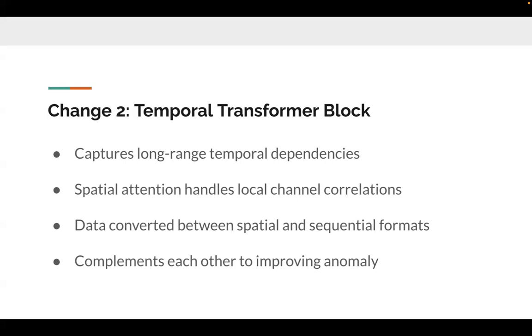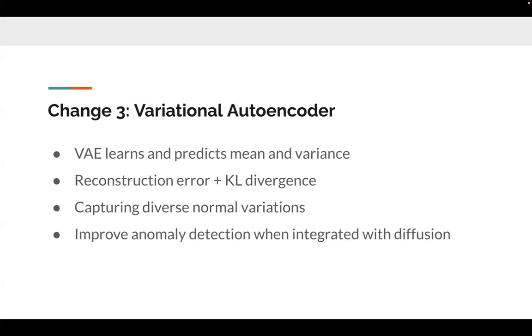And the third change was implementing a variational autoencoder. It predicts basically the mean and variance of the signal, and the loss function we used for that combined the reconstruction error with KL divergence, which measures how closely the learned distribution aligns with a predefined Gaussian prior.